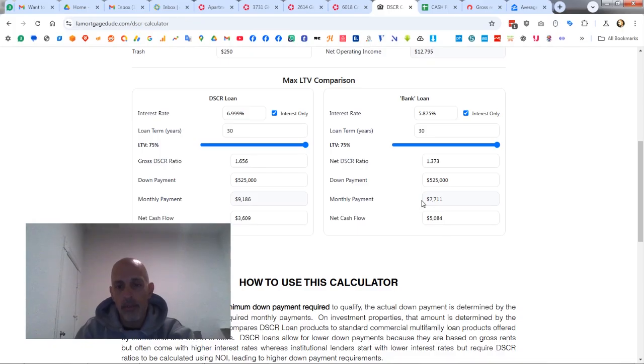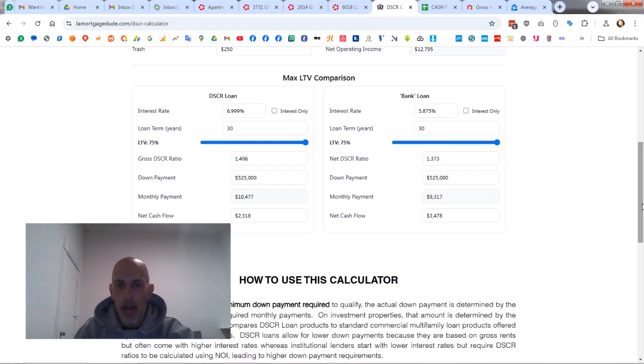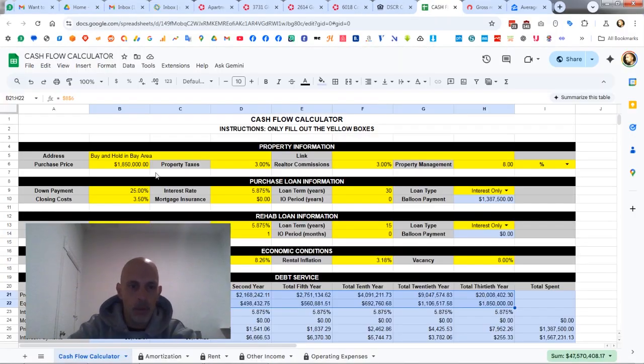Now you're going $5,000 a month on this building with the bank loan and $3,600 a month with the DSCR loan. But that's the way I would play this because it's cash flowing by itself already. And it's a pretty simple thing to see what this building would be worth in about 30 years and figure out that exit. I can do that for you right here.